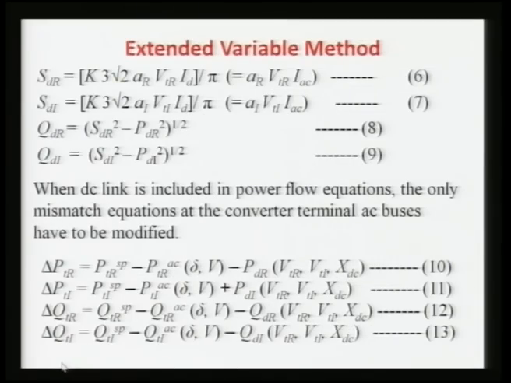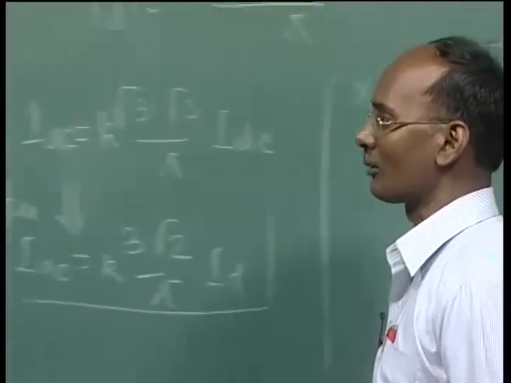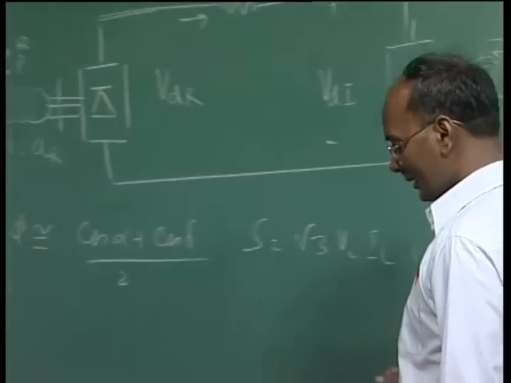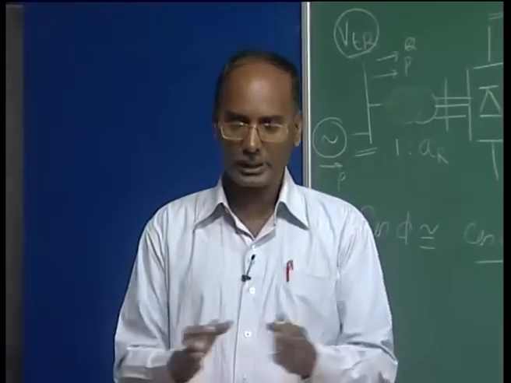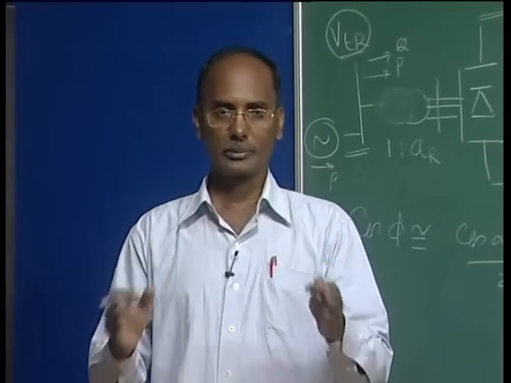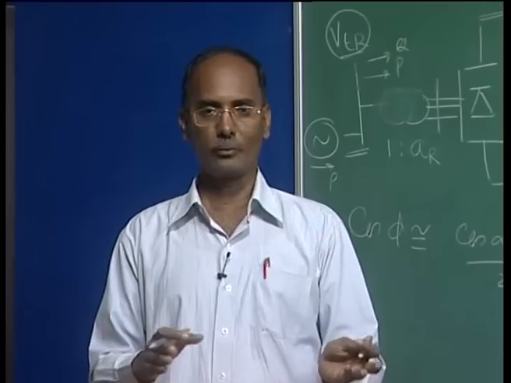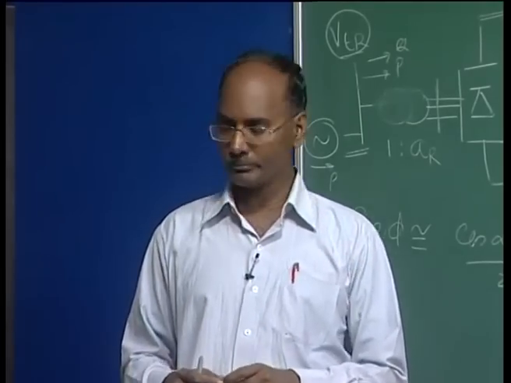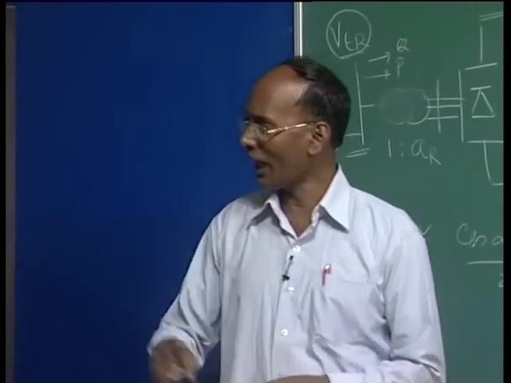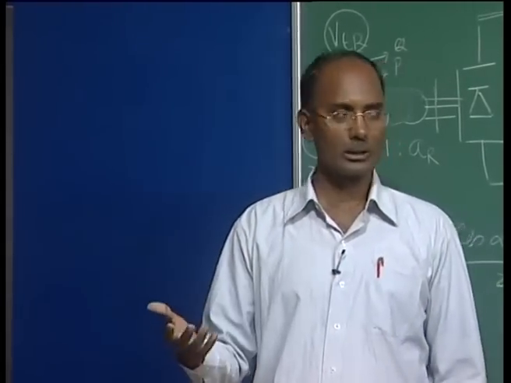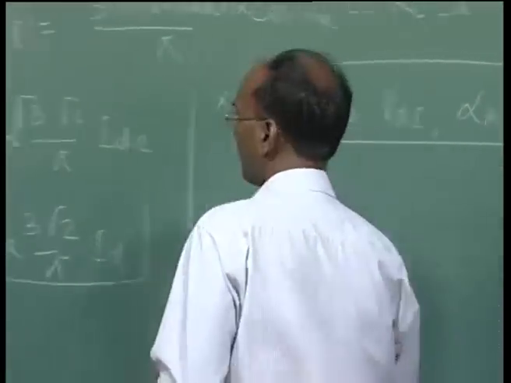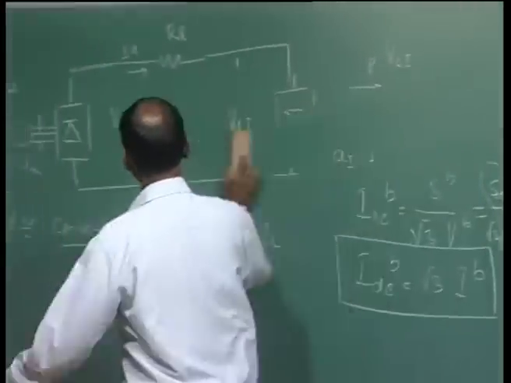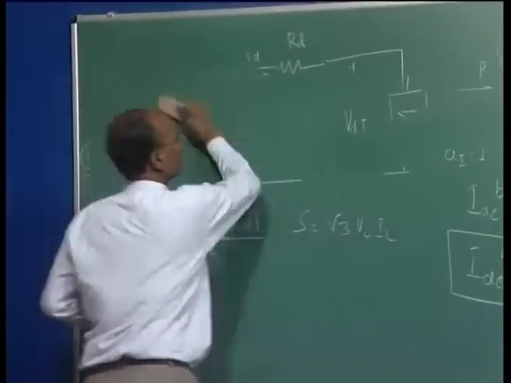Now, let us go to your extended variable method. In the extended variable methods, normally what we do, we use the Newton-Raphson method in the polar coordinate. It is very easily we can incorporate it, but in the Newton-Raphson load flow, we write the power mismatch equation. Now, I can remove this because we are not going to use it.